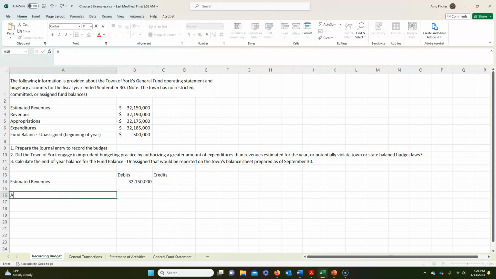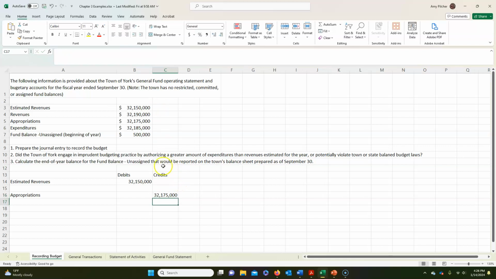And then we have our appropriations of $32,175,000. So you'll see, I left a spot here.